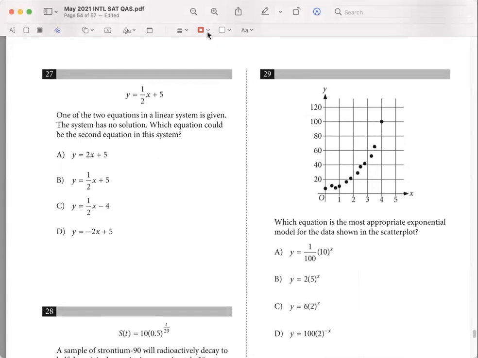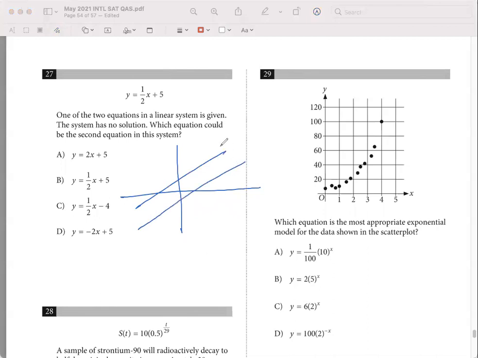So if the system has no solutions, the second equation should have the same slope, because for no solution, the two equations should be parallel on the coordinate plane, which means they should have the same slope. But their intercepts need to be different, right? Because if their intercepts are also the same, then they're basically the same equation, and the system has infinite solutions.